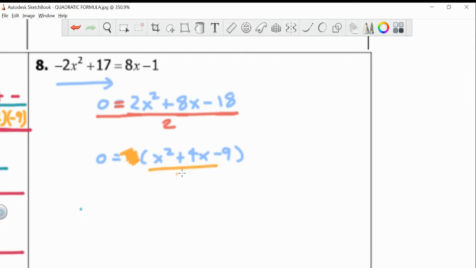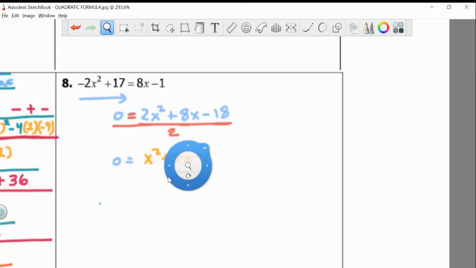Only the stuff with the x's was going to give us an answer. And so we don't need to keep this 2 for the quadratic formula because our answers are coming from right here. We don't need this 2 anymore because we have the equal sign. So what I would do is ignore the 2 and go straight to here. X squared plus 4x minus 9.